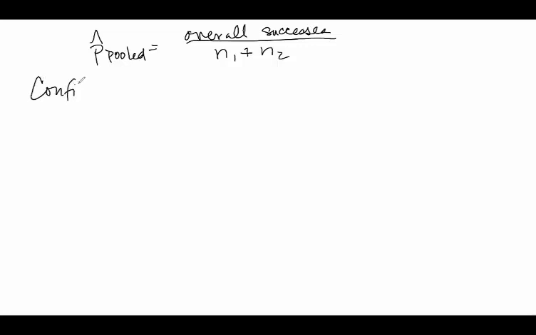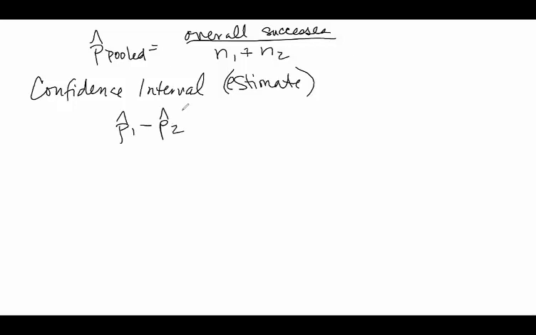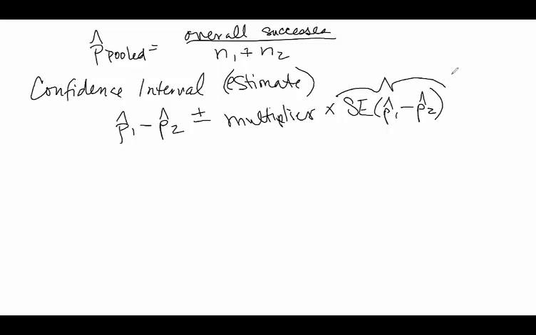To find our confidence interval, which gives us an estimate for the parameter, we use our statistic, the difference in proportions, plus or minus the multiplier, which is always given, times also the standard error for the difference in proportions. But this standard error is a different calculation because this is not assuming the null is true.